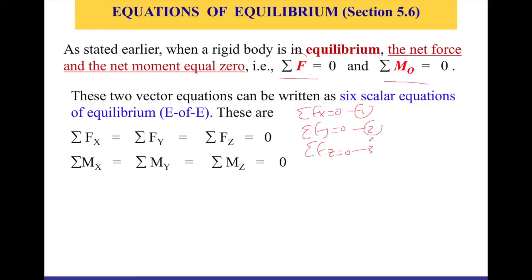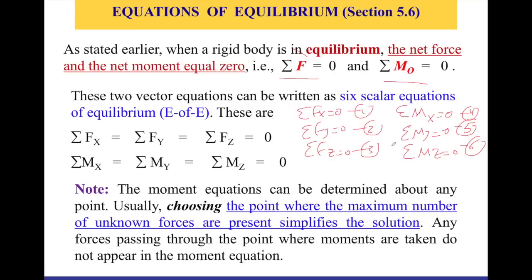That's my 3rd. Also, the summation of moments around the x-axis should equal 0, the summation of moments about y should equal 0, and the summation of moments about z equals 0. Remember, we would like to select a point. So this is 4, 5, and that's 6. We call these the 6 scalar equations of equilibrium.